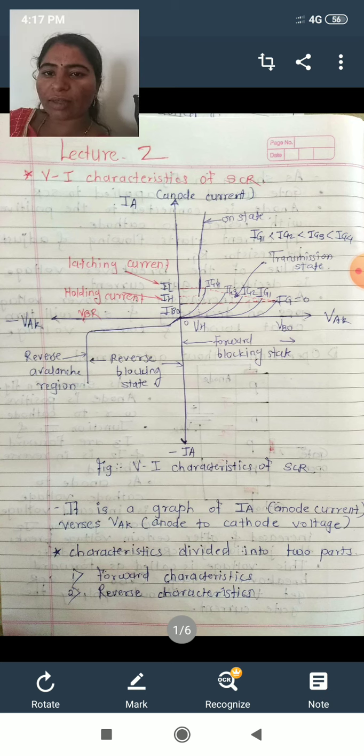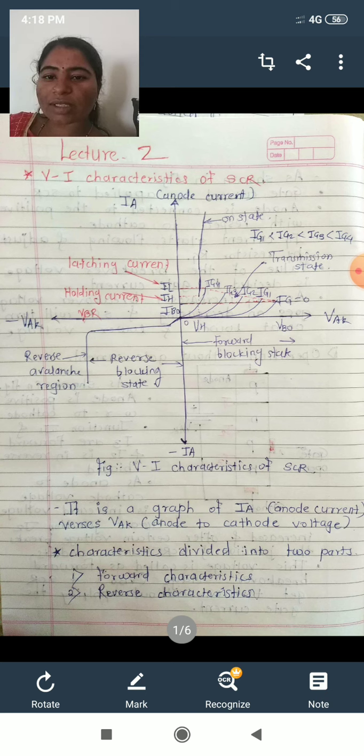Next part, that is the reverse characteristics. See, the reverse characteristics are the same as the characteristics of the diode. In this case, reverse saturation current flows and it is in a very small amount. And when your applied voltage, means voltage between anode to cathode, goes to breakover voltage, then maximum current flows through the SCR, and this region is called the avalanche region.